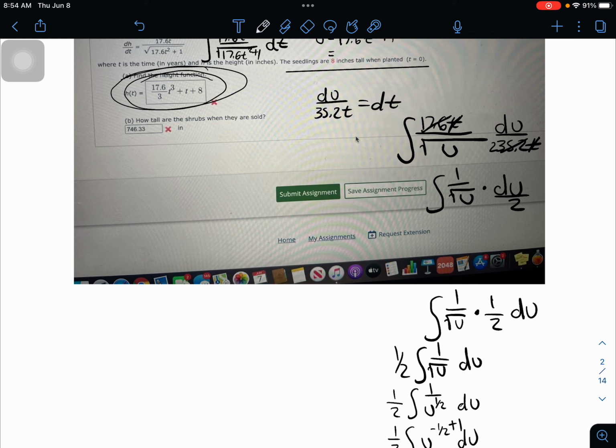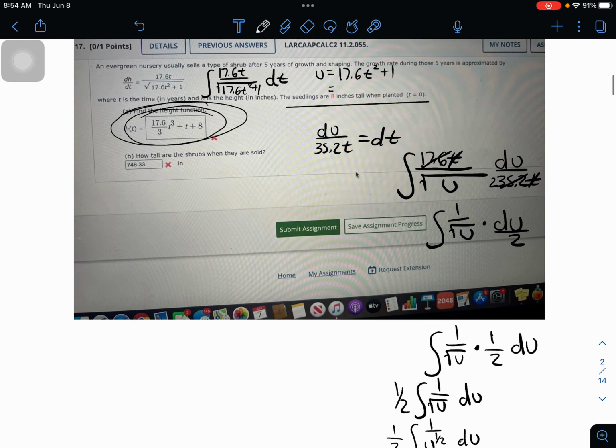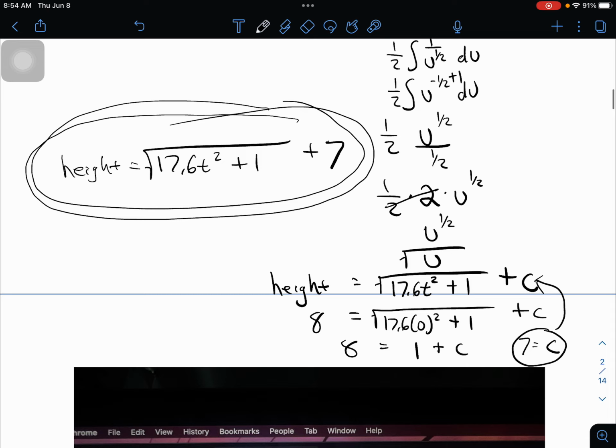Now we're going to use that function to solve the next one, which is how tall are the shrubs when they are sold? Well, let's see. When are they sold? An evergreen nursery usually sells a type of shrub after 5 years of growth. Okay, so they're selling them at 5 years, which means in my height function, I put a 5 into that.